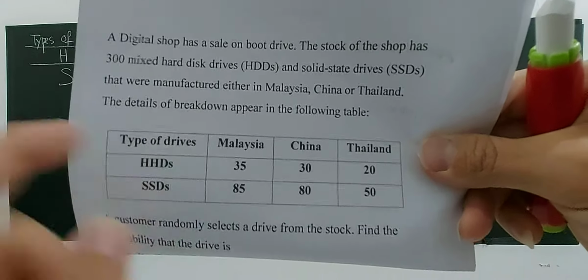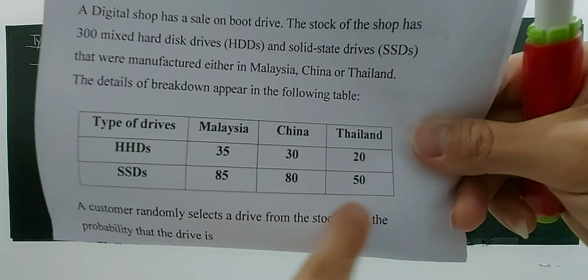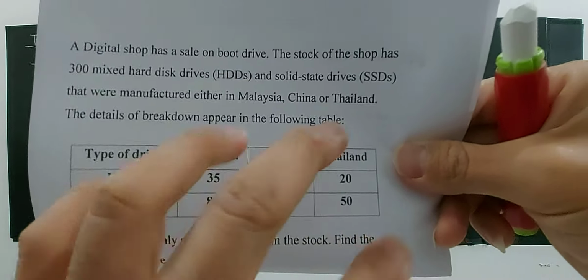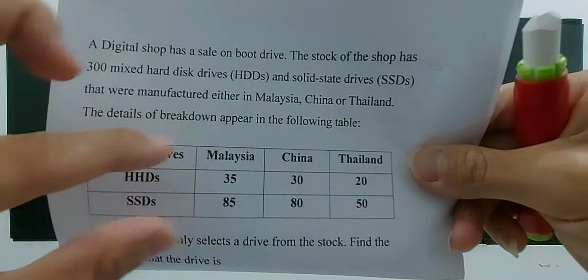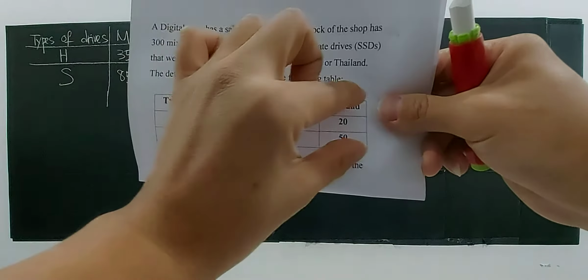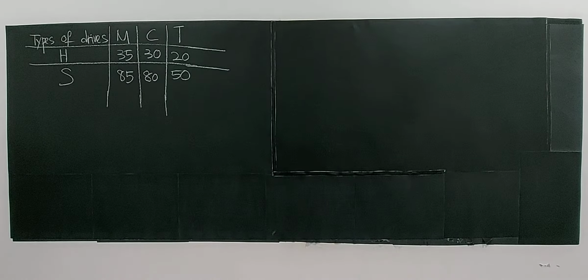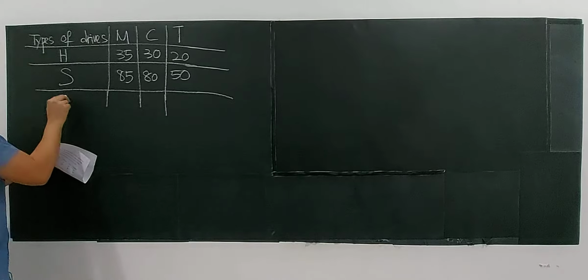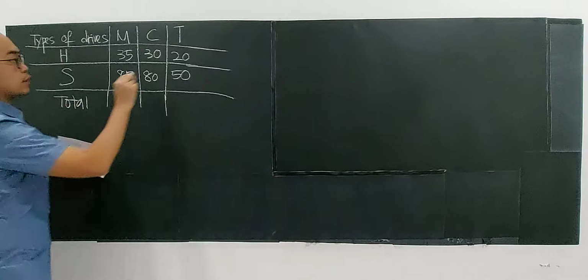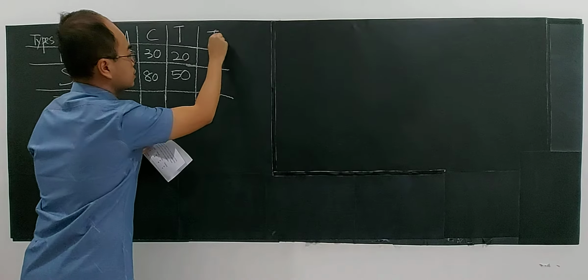You can read the total from this table. Usually, before I find the probability, I will find the totals. I have a table, for example this table, so I will total up and put a total here, so that it's easy for me to calculate the probability later.